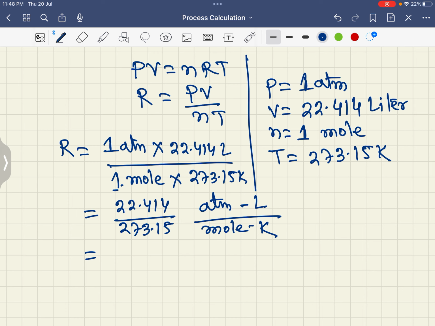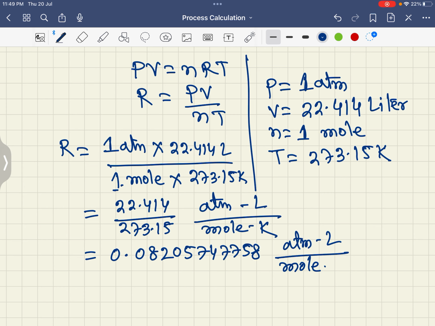So that value will be, to calculate, 22.414 divided by 273.15. That will be 0.082047758 atm, liter, mole and Kelvin. So you'll get that unit.